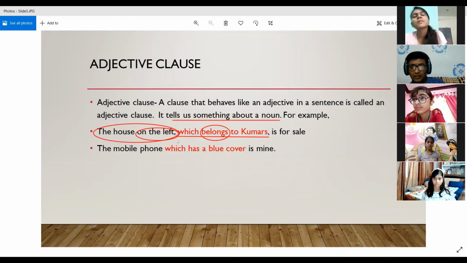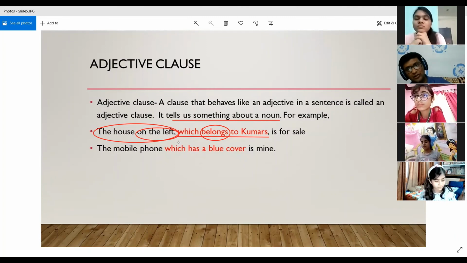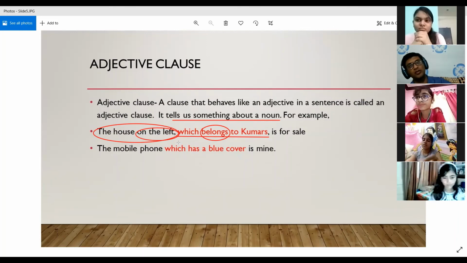Then if we remove the house and only take on the left, this on the left part is describing the house. Which house? The house on the left. So this part is describing the house and no verb is present, so it is acting as an adjective phrase. And then further, which belongs to Mr. Kumar is doing the same thing. It is also describing the house. On the left is telling us the position, and which belongs to Mr. Kumar is telling us who is the owner of that house.